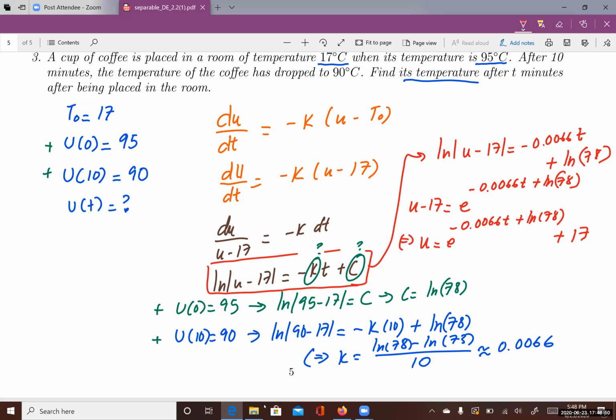And again, the unit is Celsius degrees. And this is my equation, my function for my cup of coffee's temperature, right?